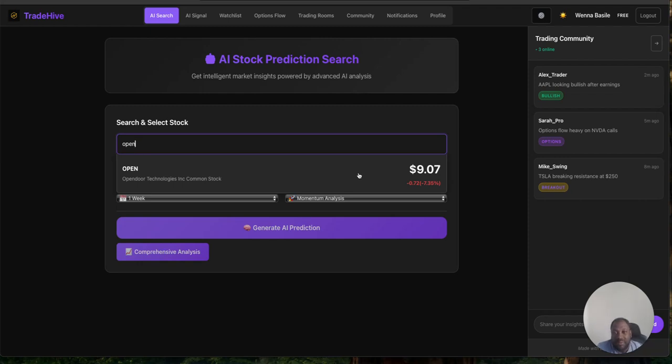So basically, when you put any stock here, it shows you the current price and its live price. So you have to select it, right? It shows you the name of what you put there, Opendoor Technologies, common stock. It shows you what's happening with the stock.